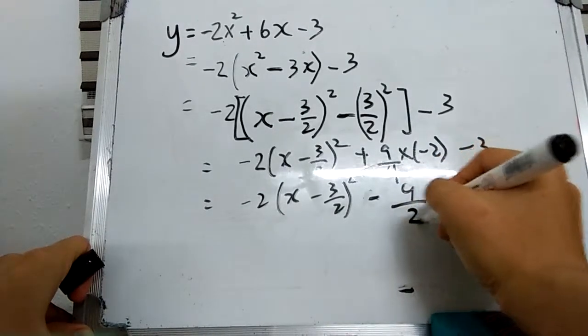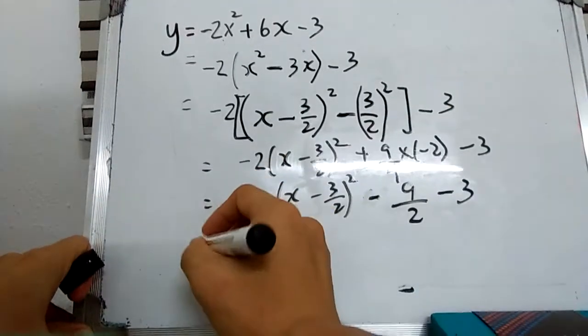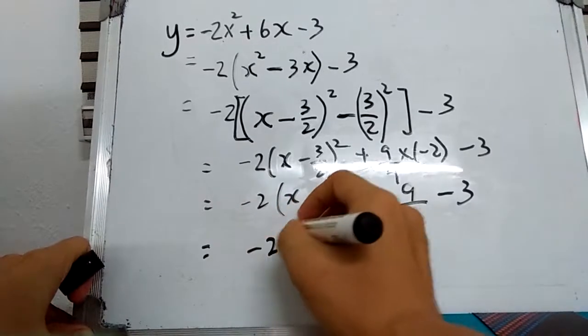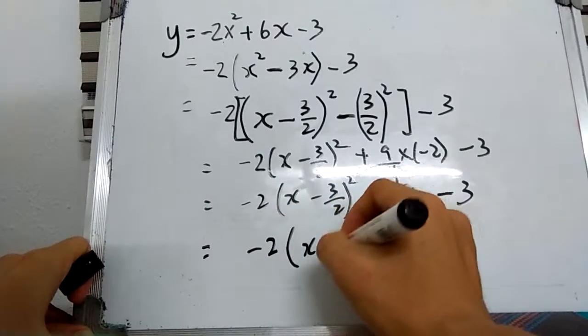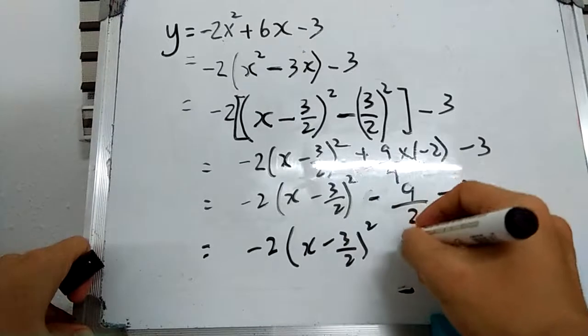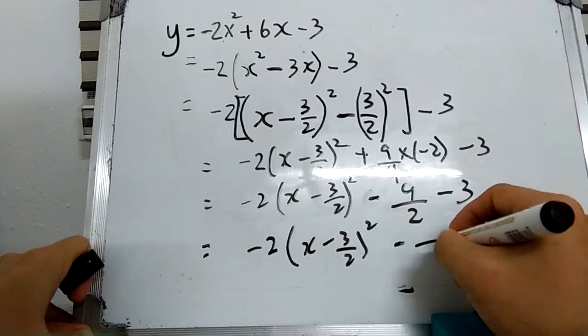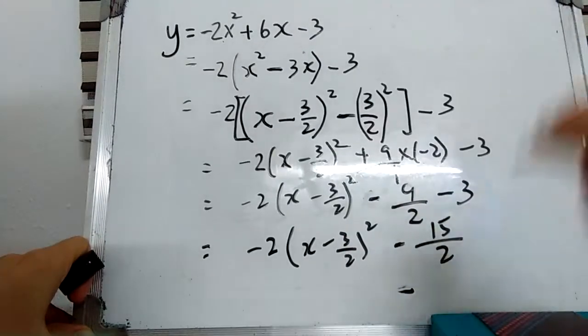Nine over 2 minus 3, and here you will have negative 2 times x minus 3 over 2 squared, minus 15 over 2.